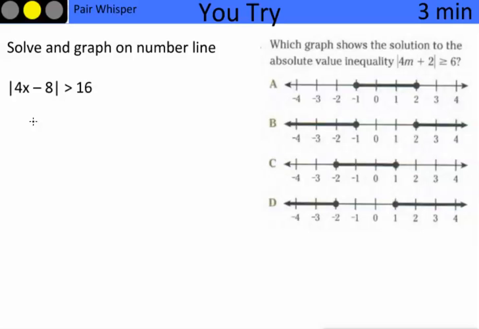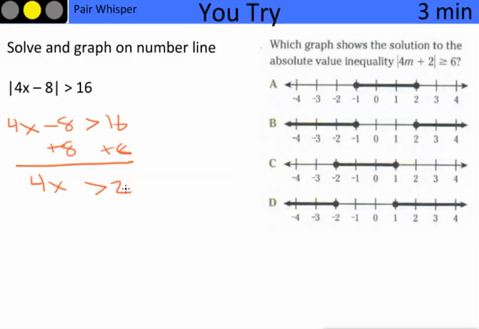Alright, so we're going to split this into two inequalities again. We have 4x minus 8 is greater than 16, and we can solve that one. X is greater than 24. Divide by 4, and we get x is greater than 6.